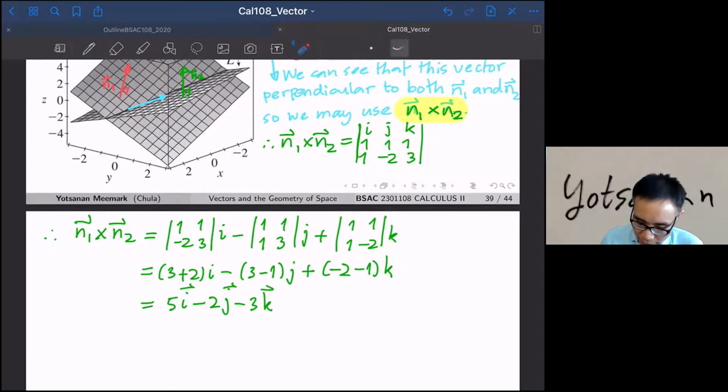So it's going to be this vector 5, negative 2, 3. Please check. You have 5 and 1, 1, 1, so it's 5 minus 2 minus 3 equal to 0. And 5 plus 4 minus 9 equal to 0 is also okay. So you have n1 cross n2 given by 5, negative 2, 3.